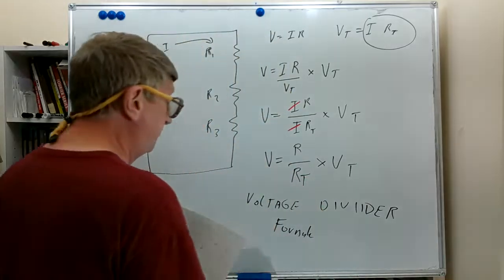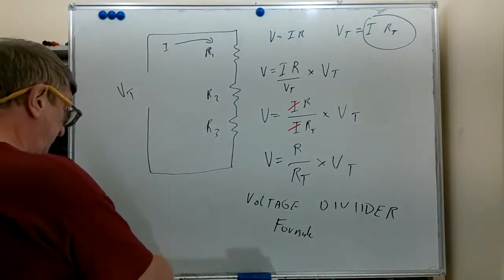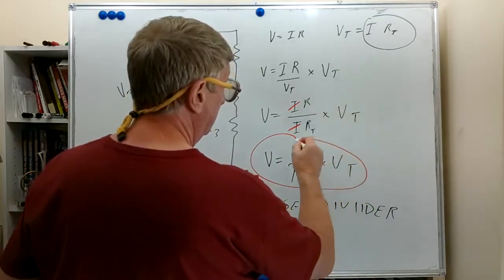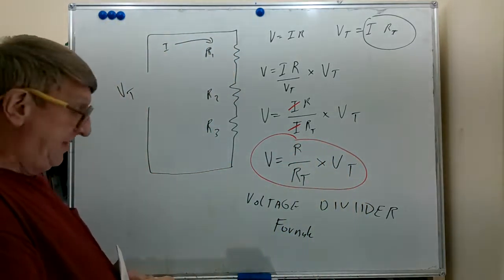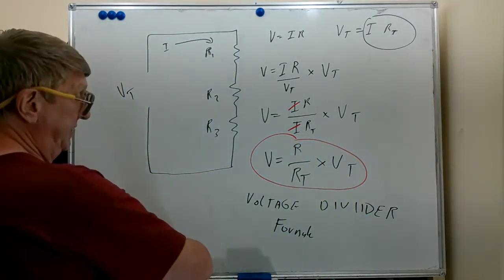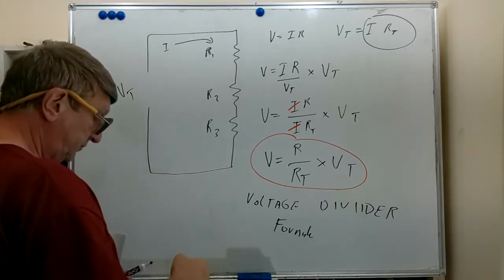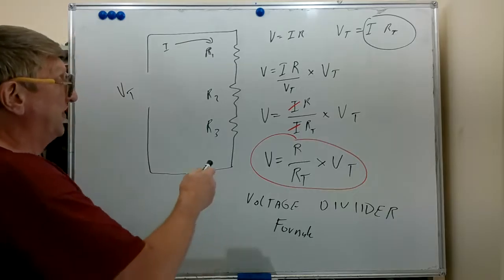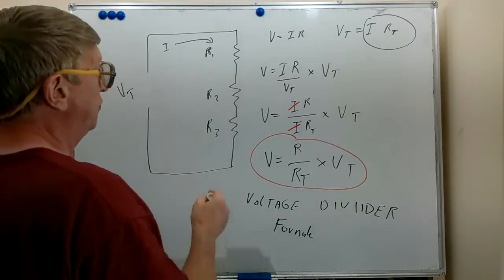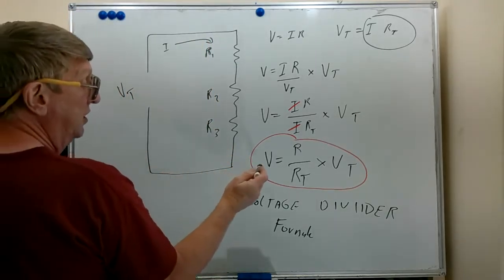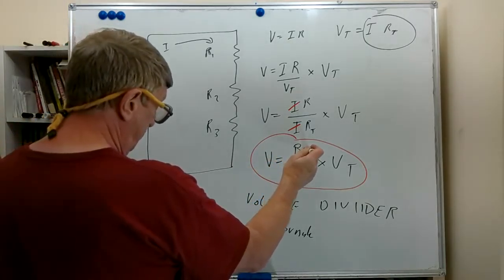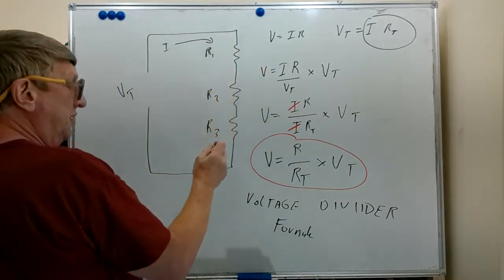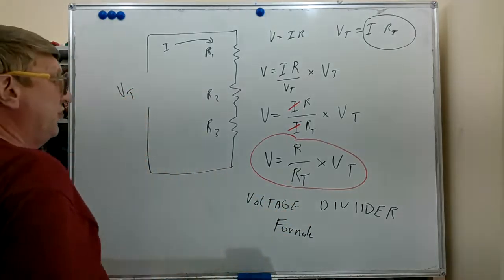Voltage divider formula. So what does this formula do for us? We'll circle it. You notice we don't need to use current for that formula. There's no I in that anywhere. But if we wanted to know the voltage across any of these resistors, say we want to know the voltage across R2, the voltage would be equal to R2 divided by R total, which is the sum of R1, R2, and R3, times whatever the applied voltage is.